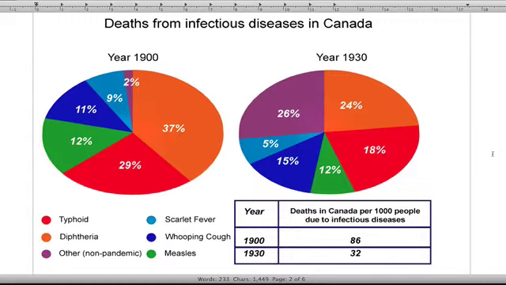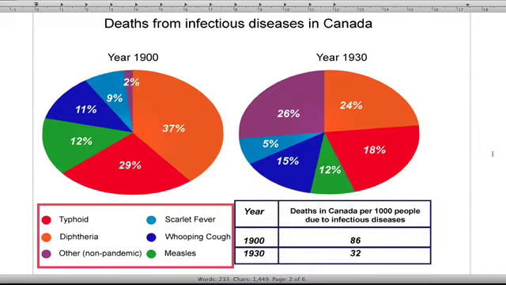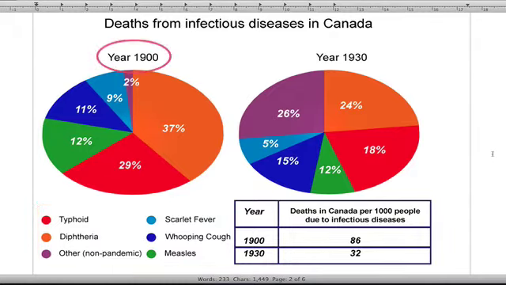So the title given for these pie charts is Deaths from Infectious Diseases in Canada. And we see details of the death rates resulting from 6 infectious disease categories in Canada in 1900, and a snapshot for the same 6 infectious disease death rates in 1930.